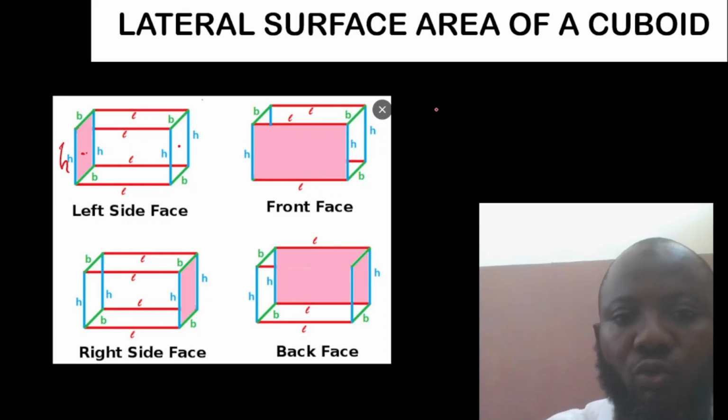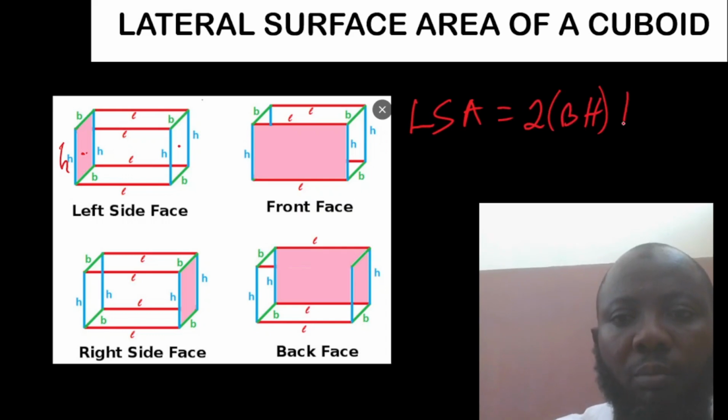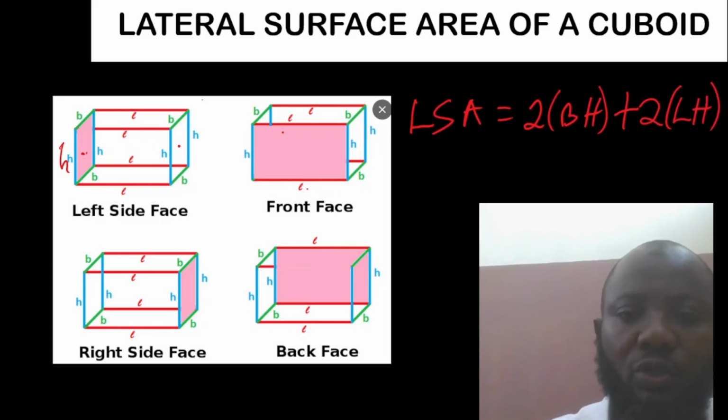So that is 2BH for the lateral surface area, plus then we have the other side, which is LH, 2LH.